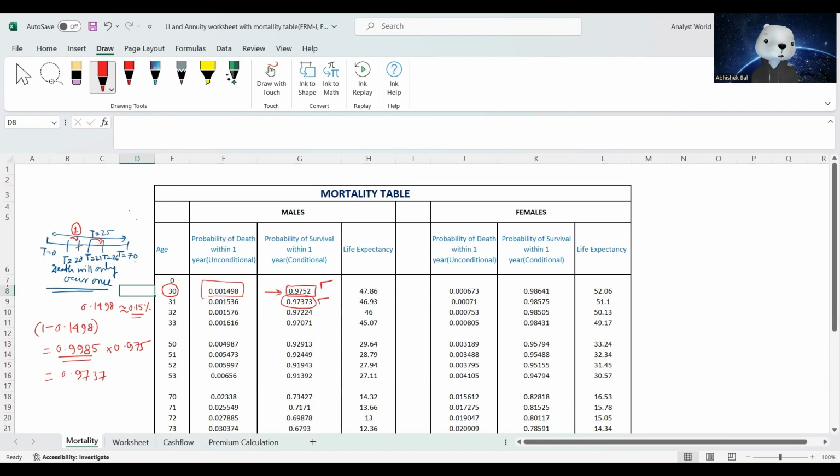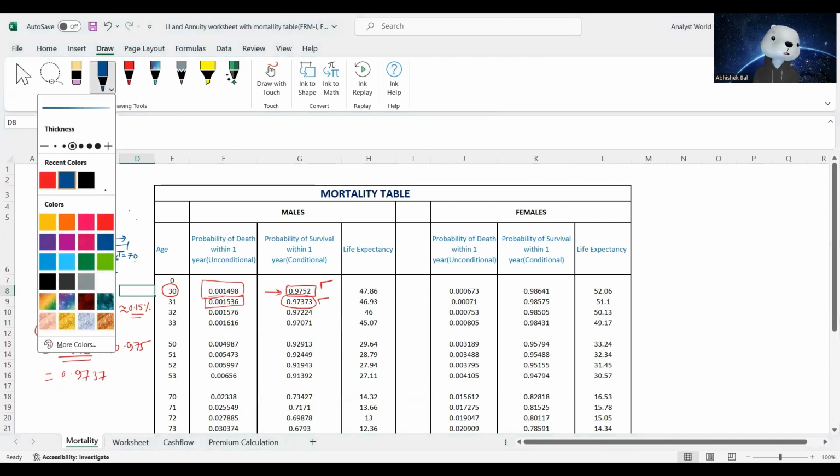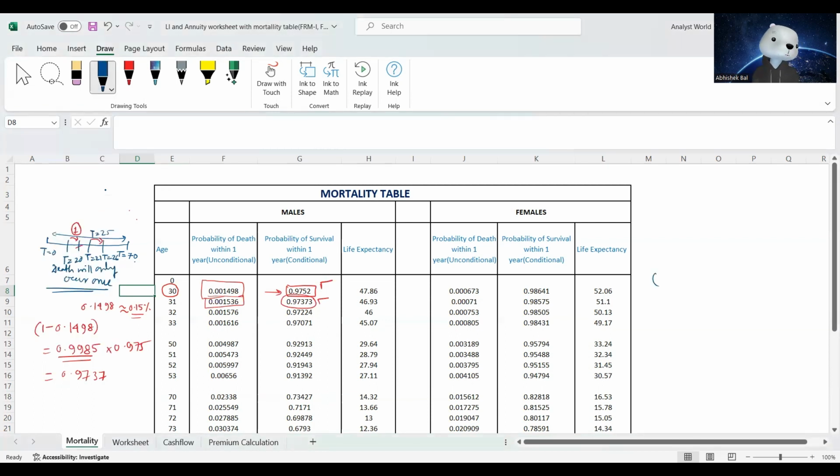First is that he must survive up until his 31st year, that is the 0.97373. And second, the adjusted probability of him not dying between the 31st and the 32nd year. So if you want to actually do this math yourself, I'll just repeat this once again. I'm taking the year between 31st and 32nd year.